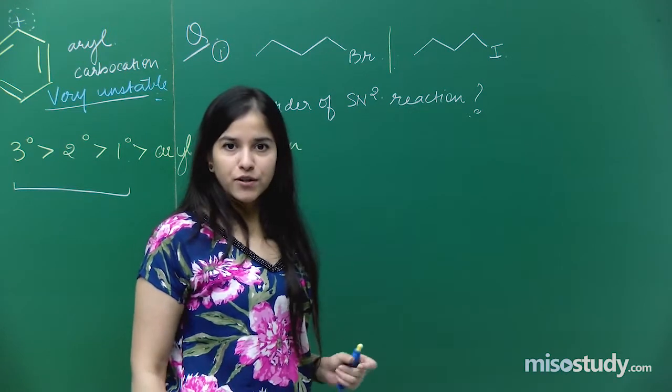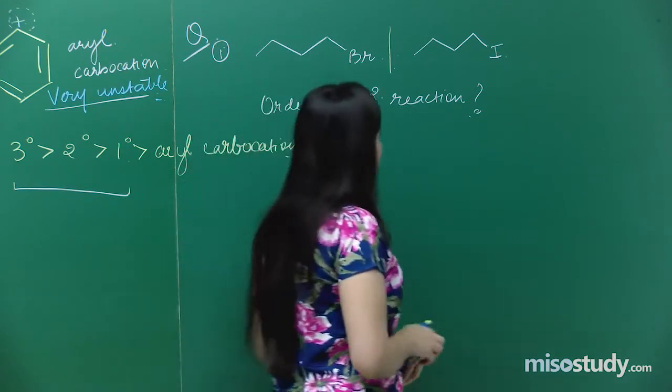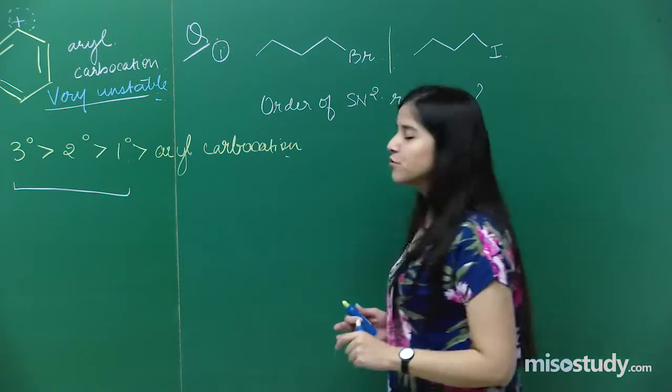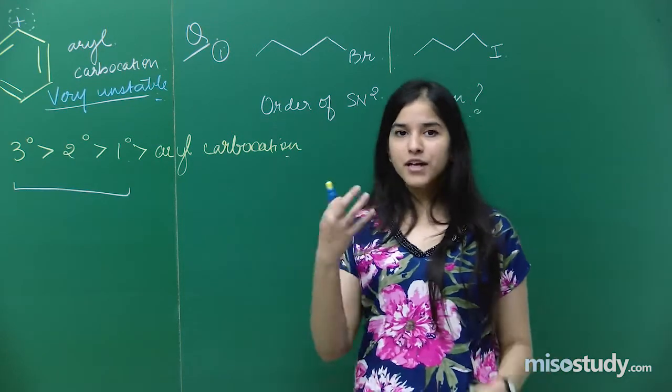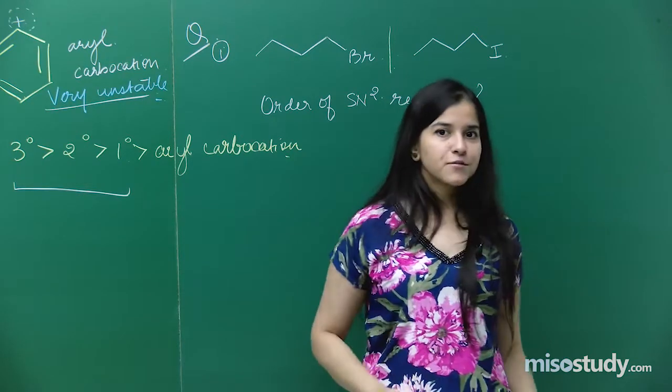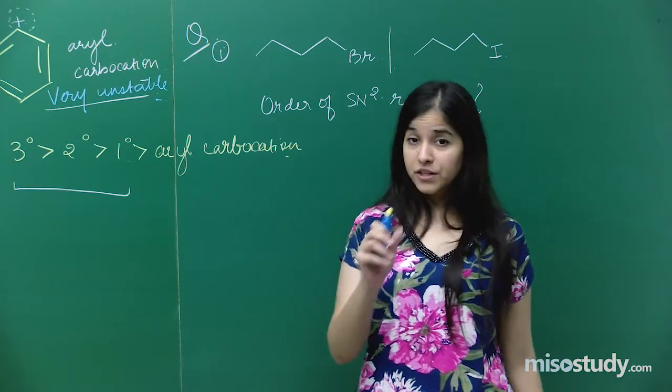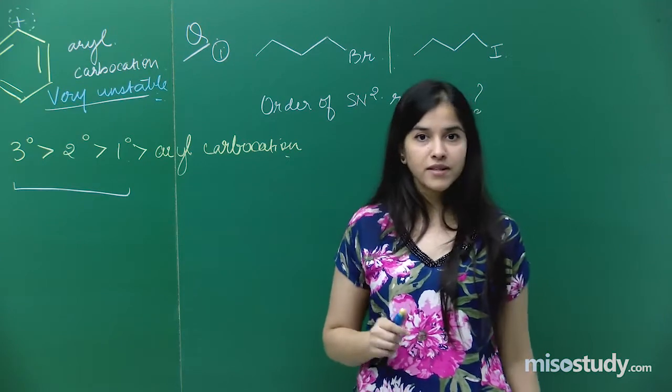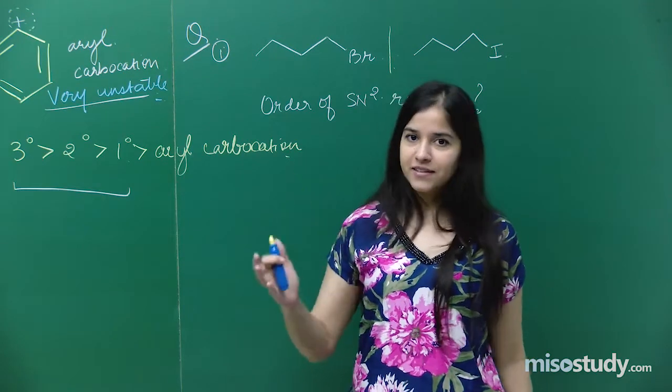You must be having an idea about SN2. In SN2, what is the order of the type of alkyl halides that have been taken? Primary must be having the highest rate, because it will be having the least possible hindrance, right? Followed by the secondary and the tertiary.